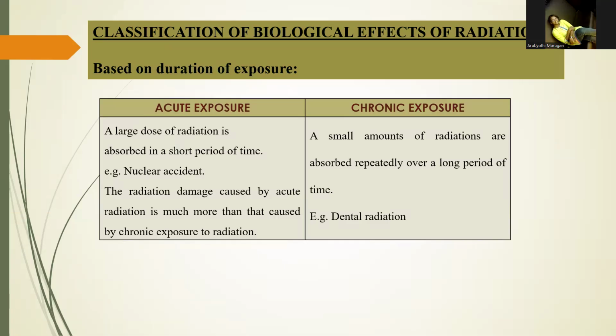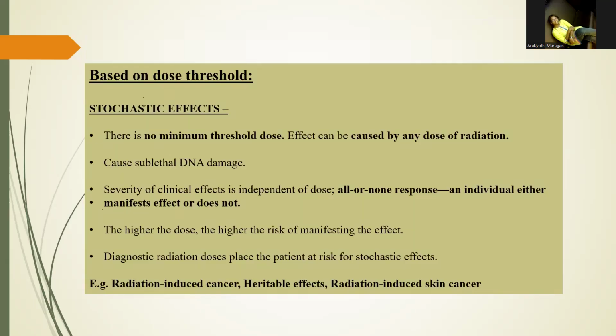Chronic exposure is a very minimal quantity of radiation exposure over a long period of time. An example is dental X-rays, where a very minimal quantity is exposed over a long period of time.